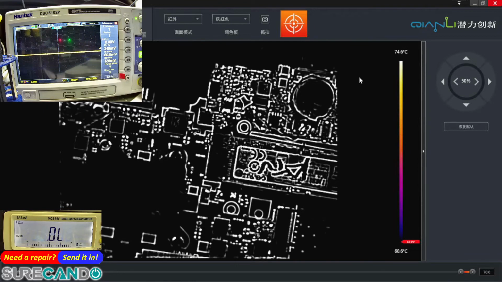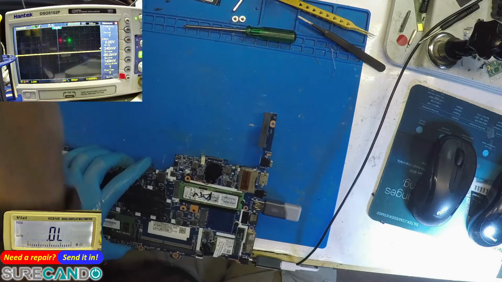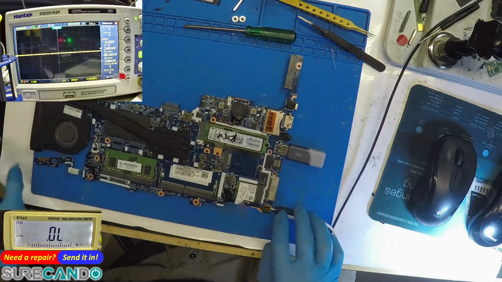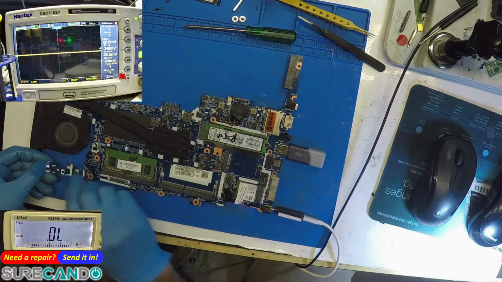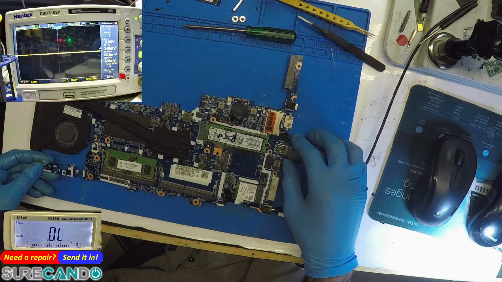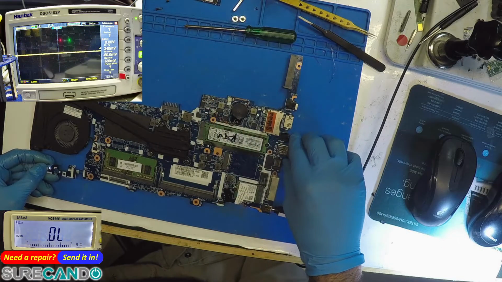Okay. Now, it would be nice to repeat the problem with a different SSD. Power off. Power on. So it registers the power button press even though it's 2.6 volts.